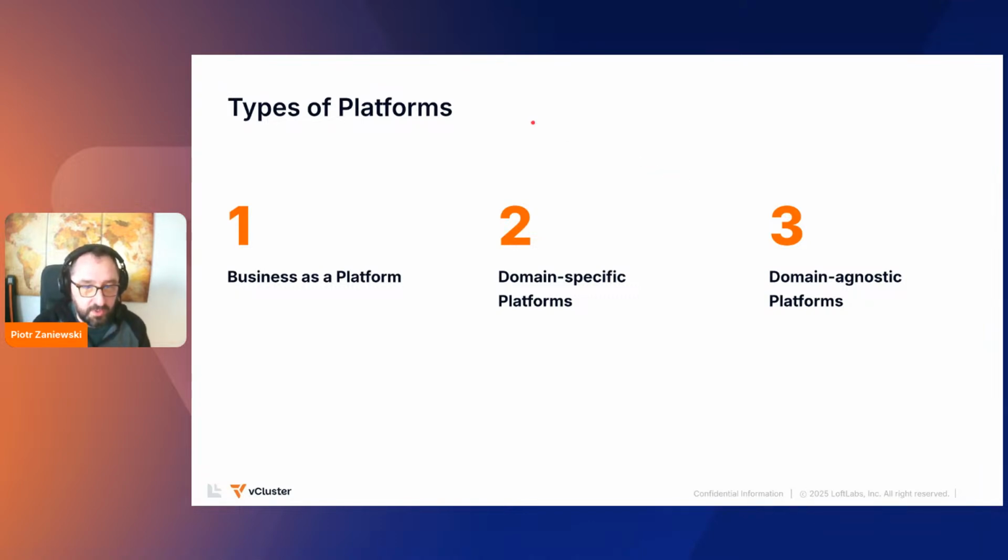So before we start talking about platforms, let's try to situate it in the existing framework. The way I like thinking about it is we have various levels or layers of platforms. If you think about applications like Uber or DoorDash or similar, this is really a platform. It's a platform that connects customers and sellers and enables them to conduct a transaction. So the whole business is actually a platform, right? Then you have domain-specific platforms.